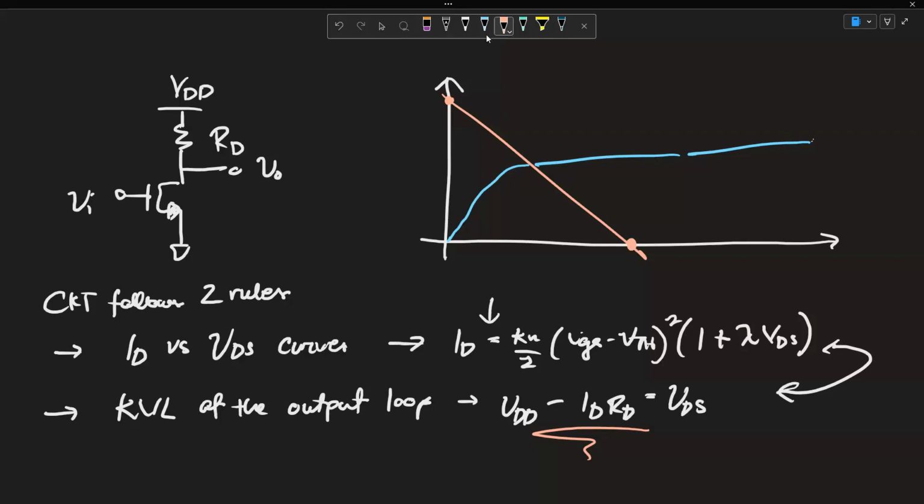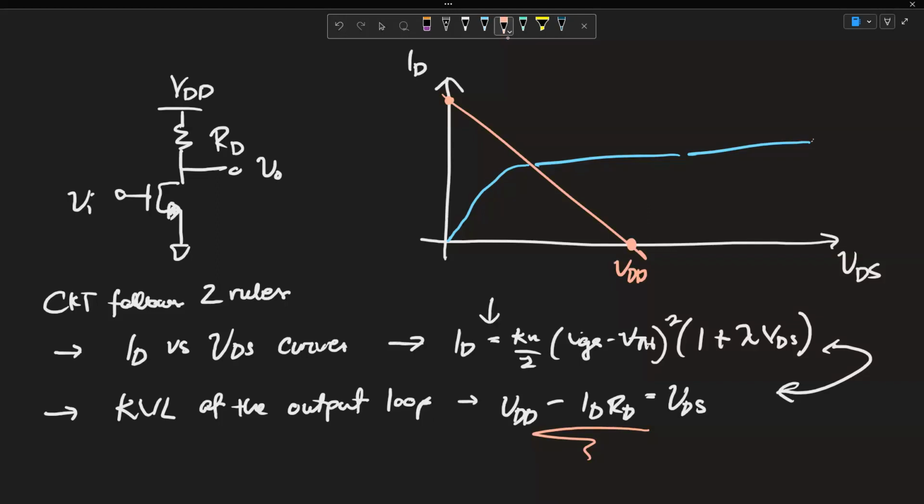So, if this is your VDS and this is your ID, the load line would be like this because, let's say that ID is equal to 0, then of course, Vout would be VDD, right? Kasi walang voltage drop si RD.